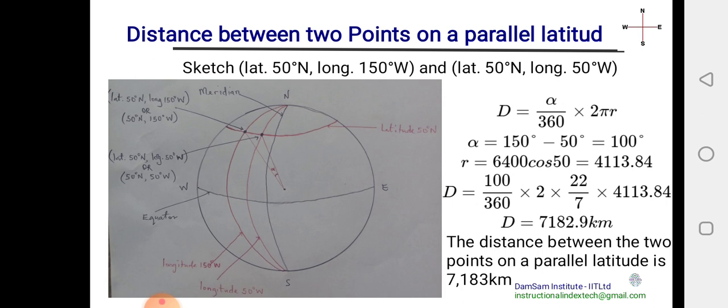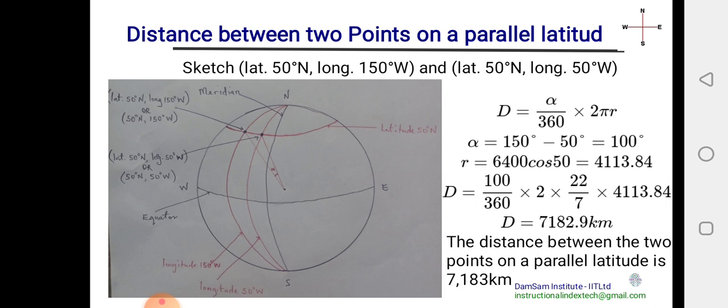So r is equal to 6,400 cos 50, which gives a radius of 4,113.84. That is what we'll be considering, substituting the value into that formula and simplifying it.